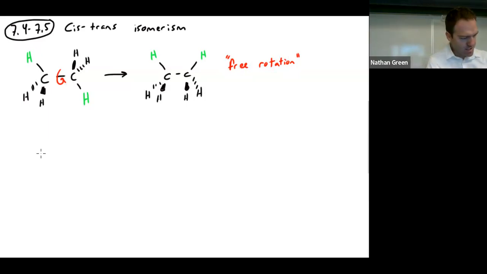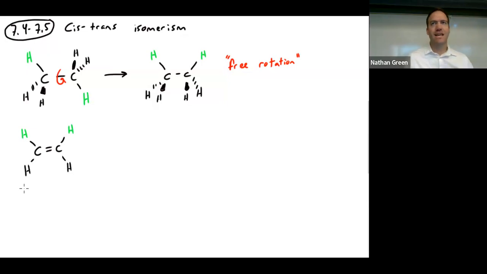If I put a carbon-carbon double bond into the mix, I have those hydrogens stuck on one side of the molecule. These hydrogens cannot freely spin.